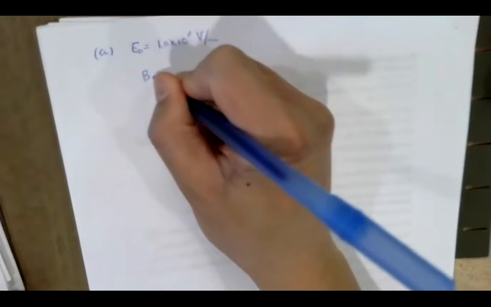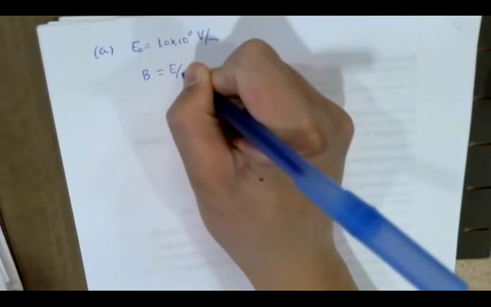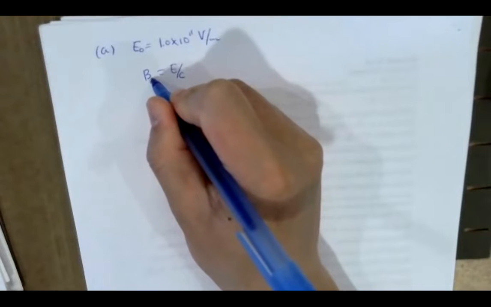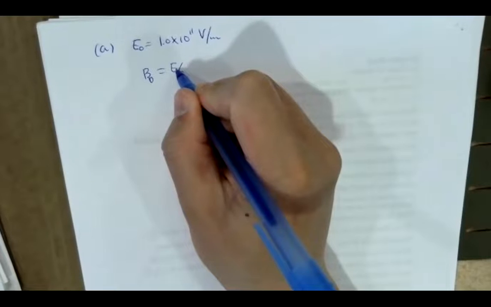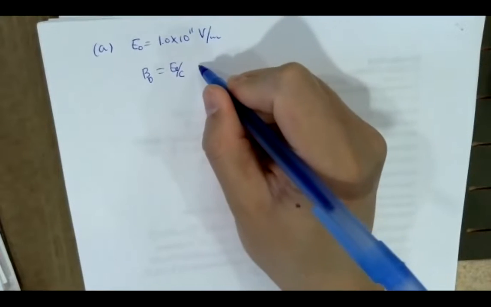It's asking what the maximum magnetic field strength is. Now the B field is equal to the E field divided by the speed of light. So the maximum strength of the magnetic field should be equal to the maximum strength of E divided by c.